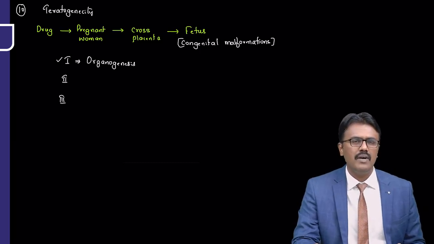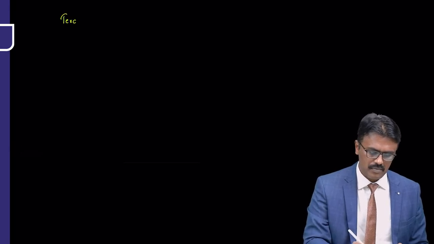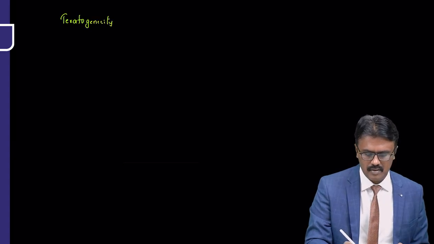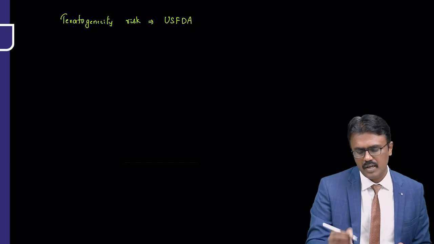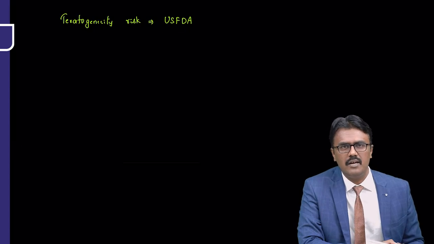But how will I know a drug is teratogenic? Where do I get the information? Now the teratogenicity risk is given by US FDA. US FDA stands for United States Food and Drug Administration.